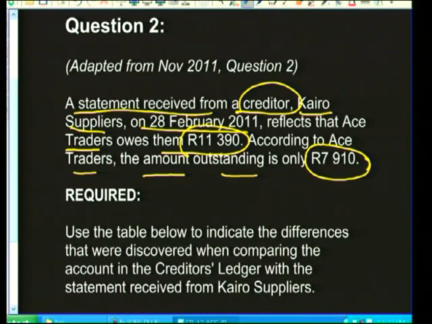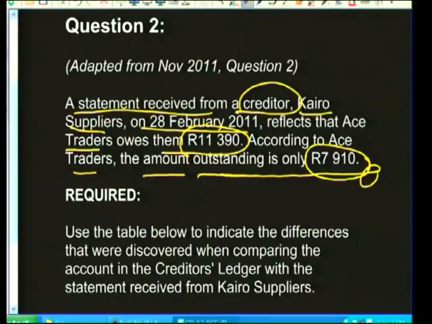I'm going to take you back to my introduction, where I said, when it comes to a creditor's recon, there are two reconciliations that could be done. The first one, you are reconciling your creditors control account with your creditors list, which is an internal recon. We are reconciling our books, the control account with the creditors list.